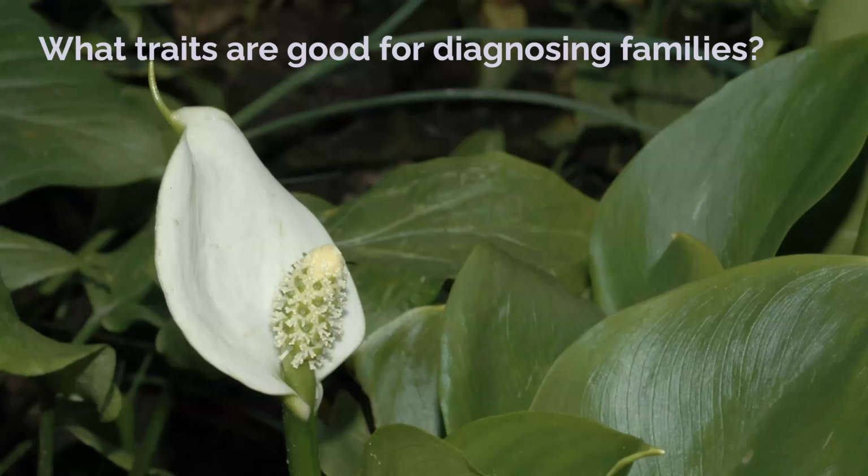So diagnosing plant families, as I said before, we've got lots of features that we often use to identify a plant family. So this isn't really up to us. It's a matter of matching what evolution has given us with features that are the easiest to observe. So if there was one thing you could observe in every single plant family, the most obvious thing, you'd want to use that to classify your families and say, okay, we have this group and they share this feature.